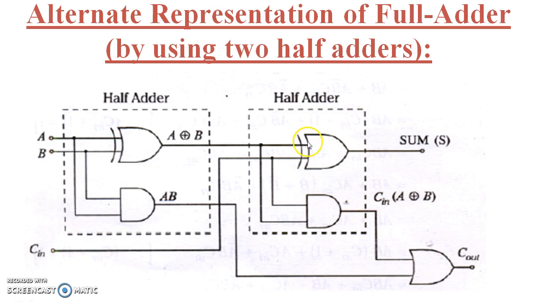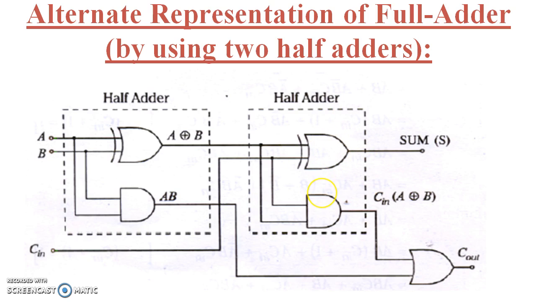Now this is the alternate representation of the full adder. Here 2 half adders are used. That means a full adder circuit is constructed, which is shown here.